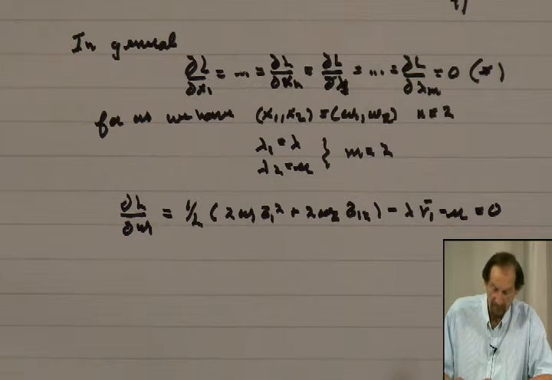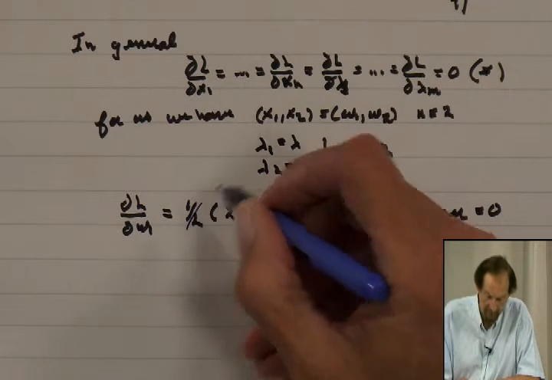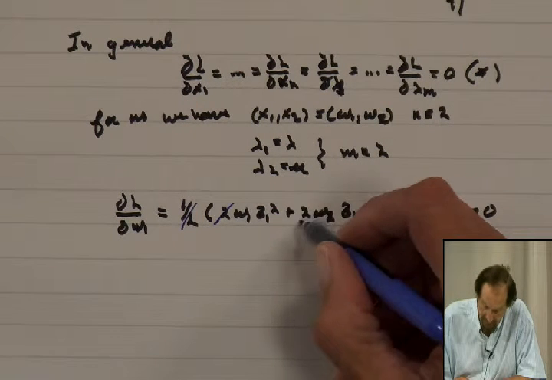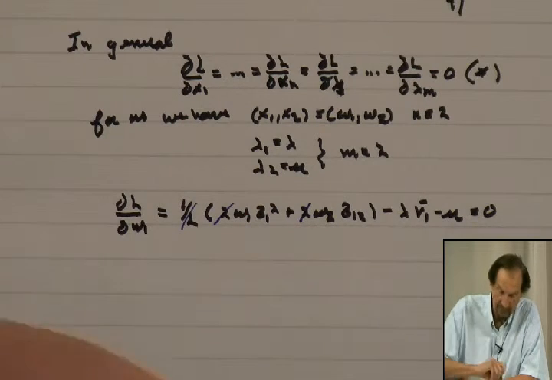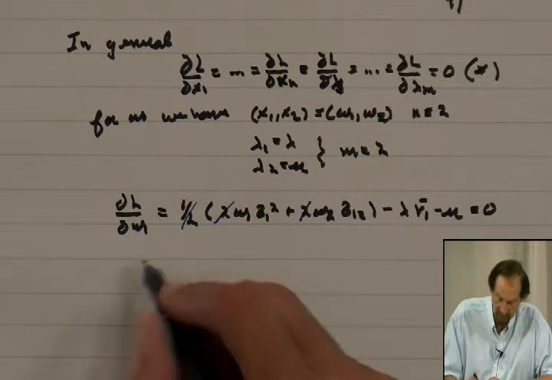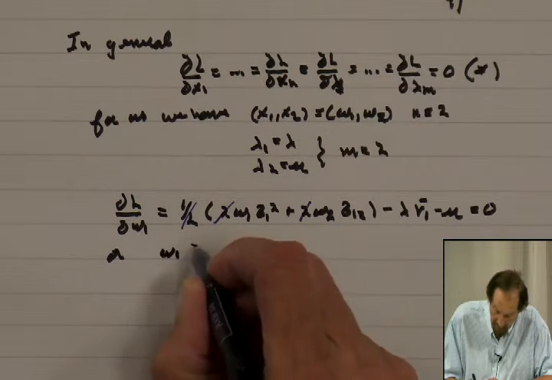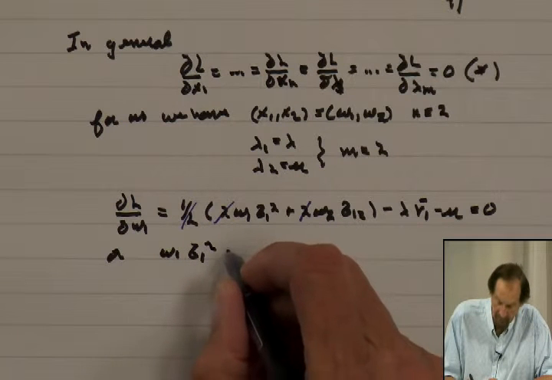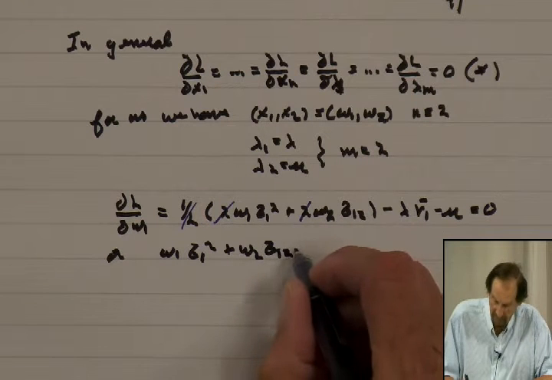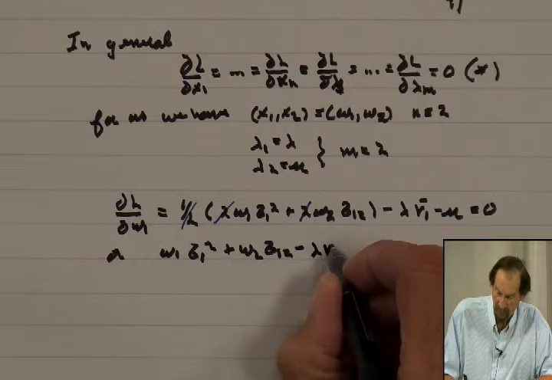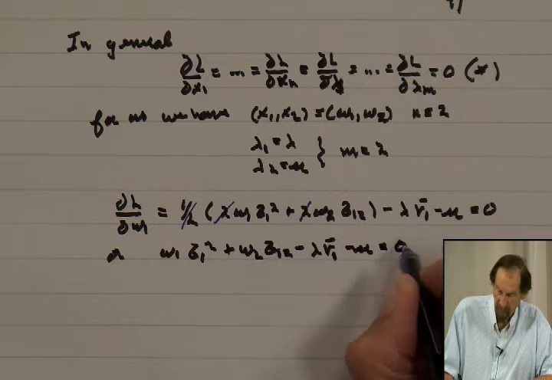Now here's where our 1/2 comes into play. We take this 1/2 and multiply it, so we can cancel out there. So that's all the 1/2 helps us with. Or we can express this the following way. We can say that W1 sigma 1 squared plus W2 sigma 1 2 minus lambda r bar 1 minus mu equals 0.